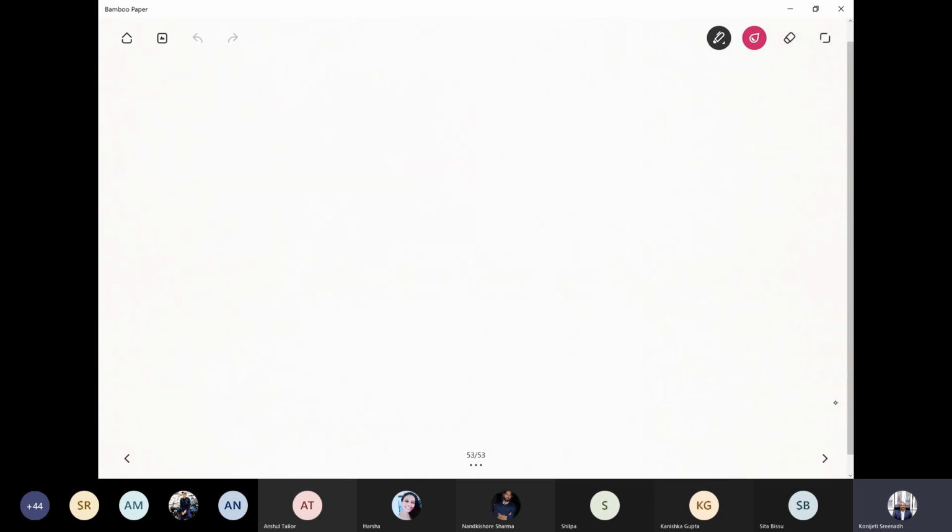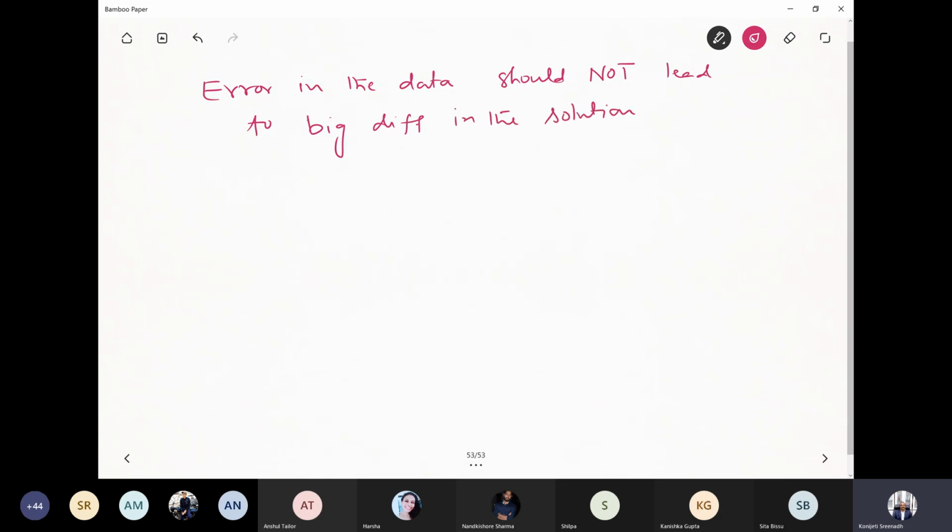So the error in the measures, the error in the data, should not lead to a big difference in the solution. That is the whole idea. All these three points, existence, uniqueness, and continuous dependence, are known as Hadamard's well-posedness.